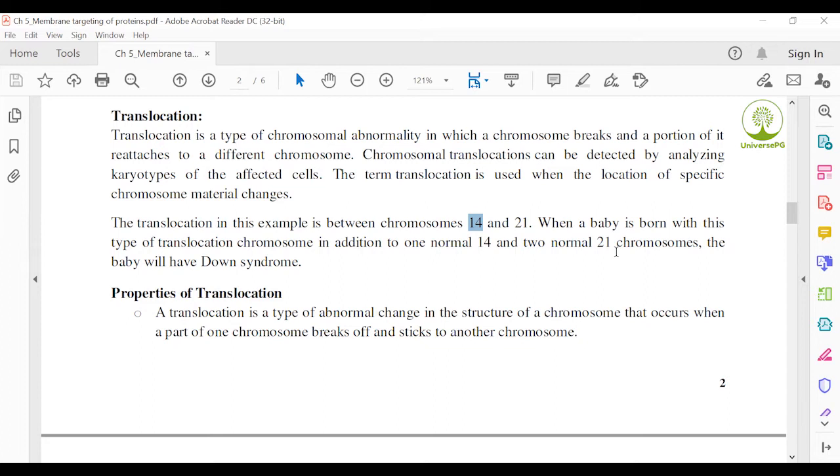In this definition of translocation, the Down syndrome example shows how translocation occurs in the two specific chromosomes 14 and 21 in a baby.